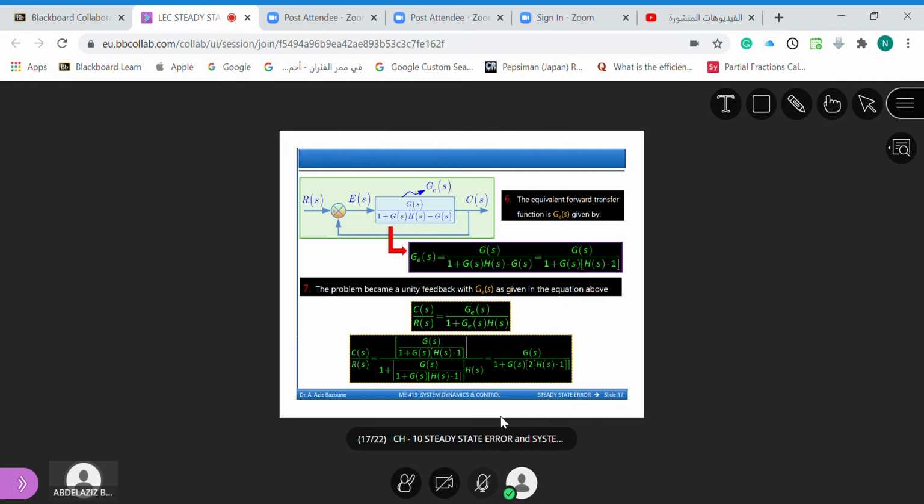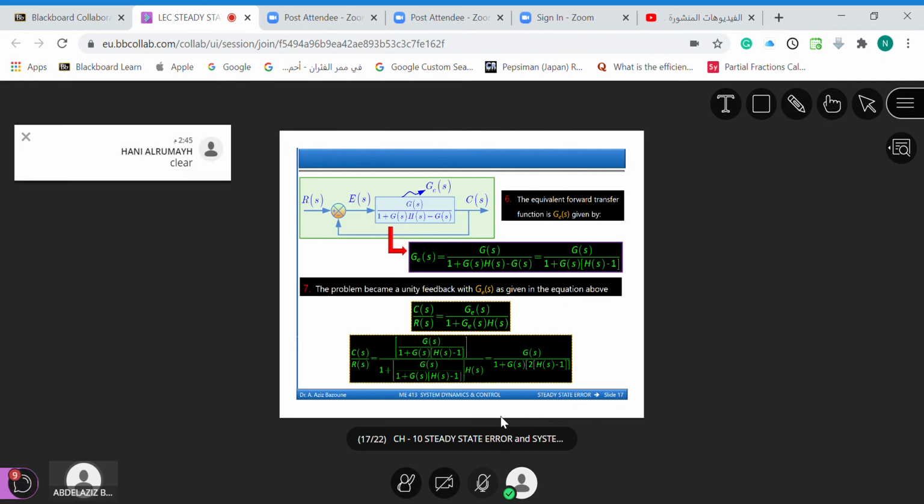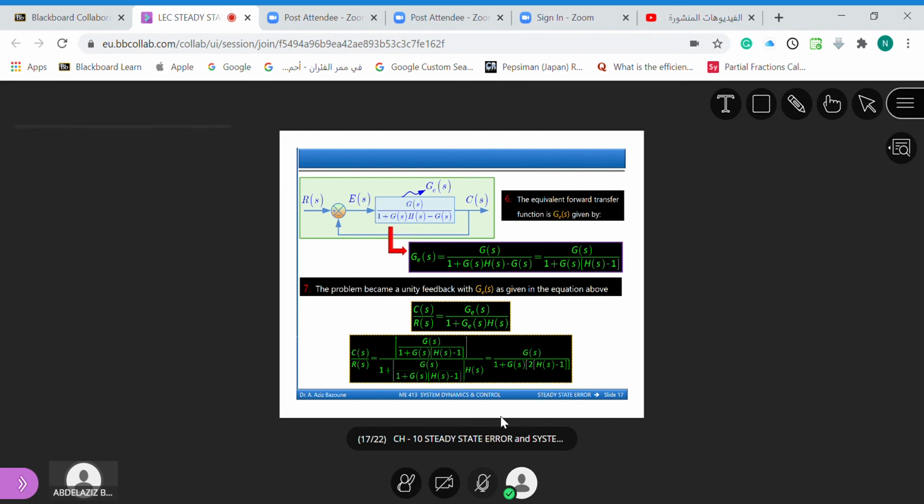Where G equivalent is given by this: G of S over 1 plus G of S times H of S -1, or G of S over 1 plus G of S H of S minus G of S. Now we will be dealing simply with the G equivalent. Instead of dealing with G, we will be dealing with G equivalent. And what applied for the previous unity feedback will apply here.